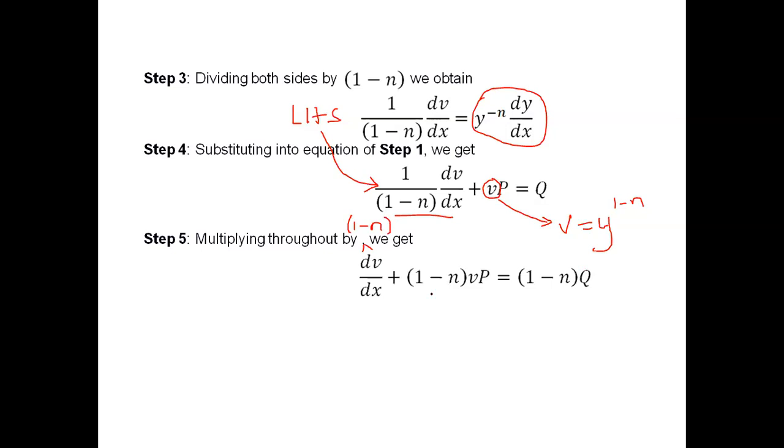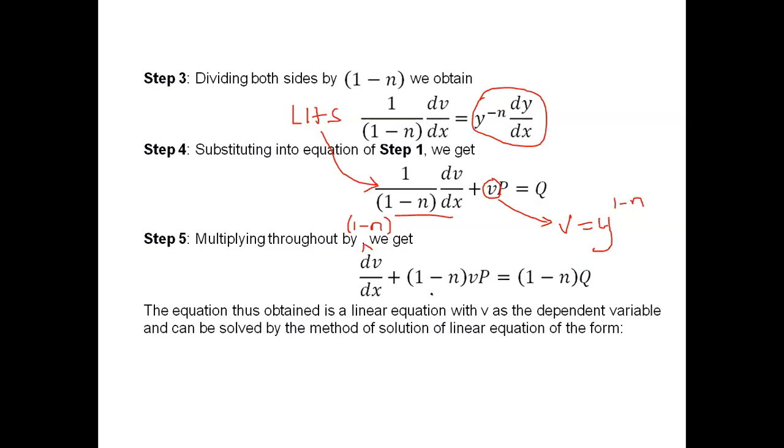Then this equation, by visual inspection, we're able to tell that it actually is a linear equation with v as the dependent variable and can be solved using the method of solution of linear equations that we did the previous time. So we have dv over dx plus (1 minus n) vP is equal to (1 minus n) Q. So the dependent variable in this case is v.